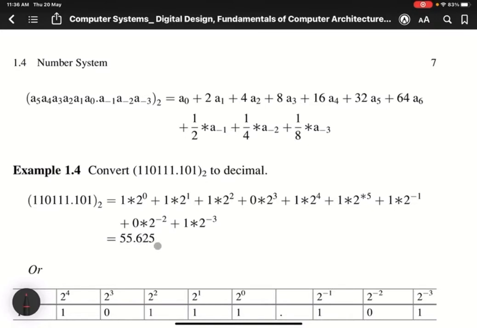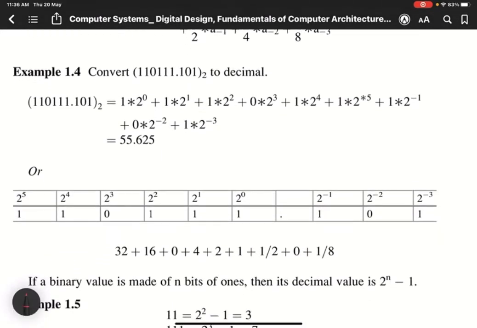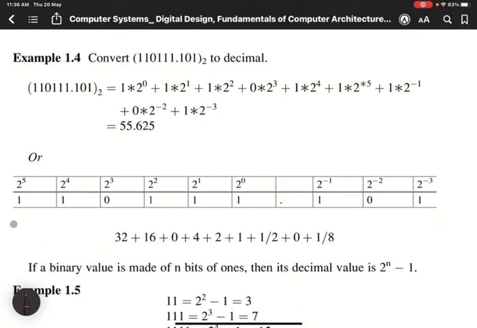Or we can do an alternative option, but it's still the same, no? Gawa tayo ng table. Then, ipapasok natin dun yung ating mga binary digits, no? Okay. But it's the same operation.